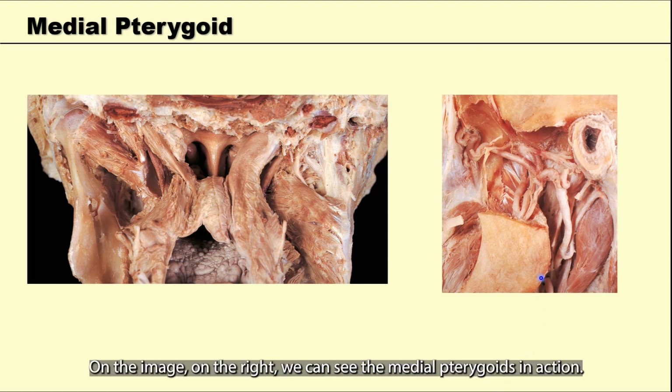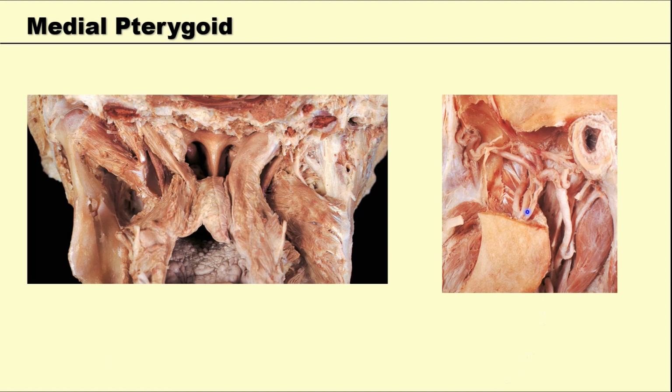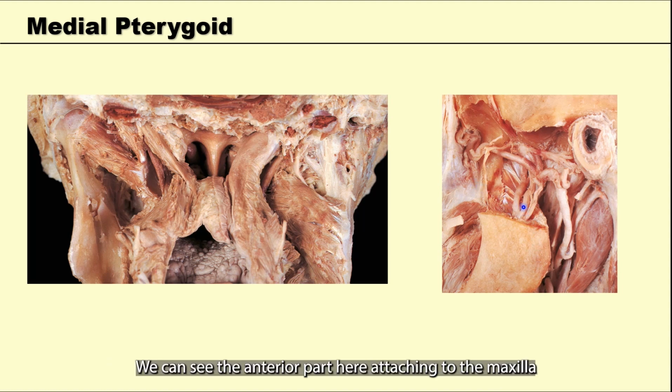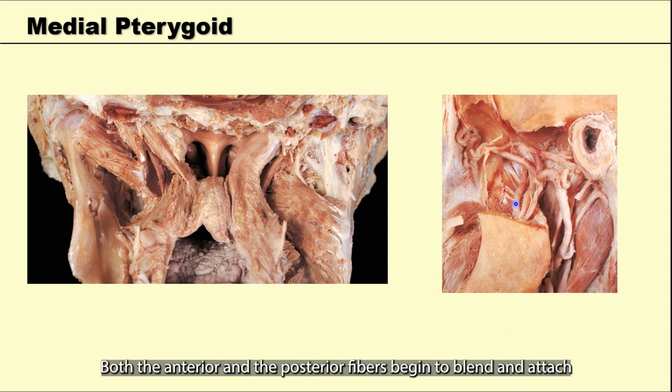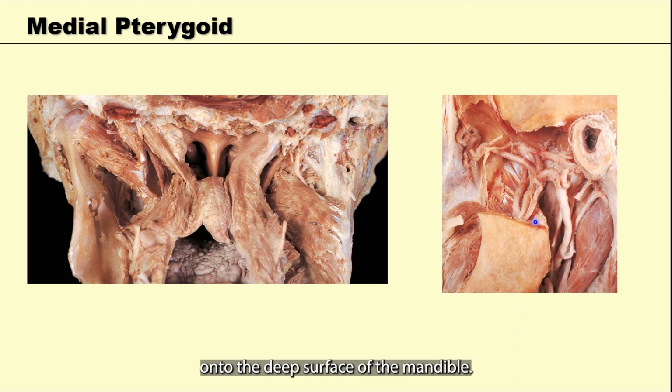On the image on the right, we can see the medial pterygoids in action. We can see the anterior part here attaching to the maxilla and the posterior part here. Both the anterior and the posterior fibres begin to blend and attach onto the deep surface of the mandible.